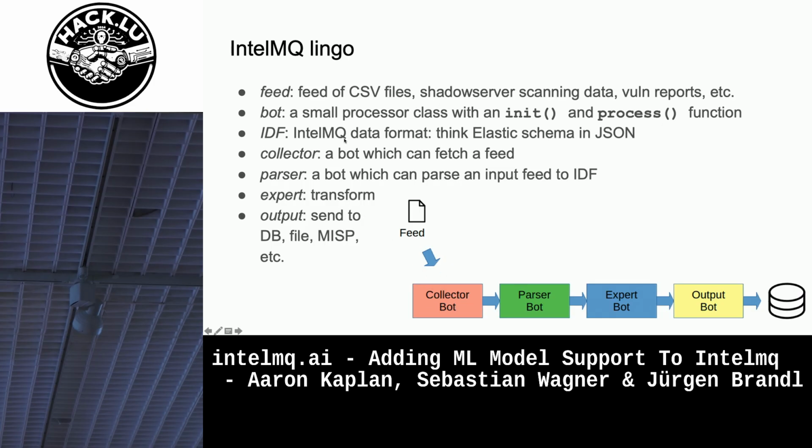The internal intelmq data format is, think about it like the Elastic schema that describes that: timestamp, IP, all these things. A parser is something that can parse the structured report, the CSV file, into the IDF format. An expert is something that transforms it. Output sends it to a database or to MISP in this case.